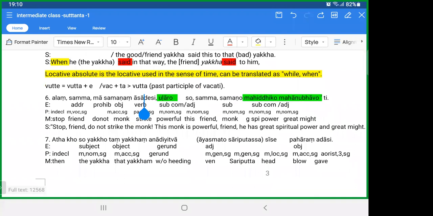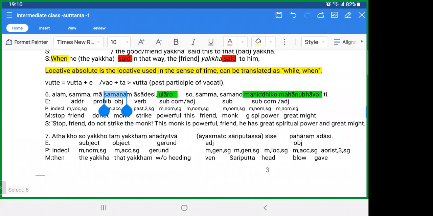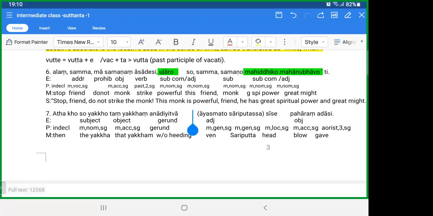Here they call him a monk, using the word samana, even though samana can sometimes be translated as ascetic, but here it is talking about a monk. It says don't disturb the monk because he is powerful, with spiritual power and great might. But the bad yakkha paid no attention and hit Sariputra on the head.